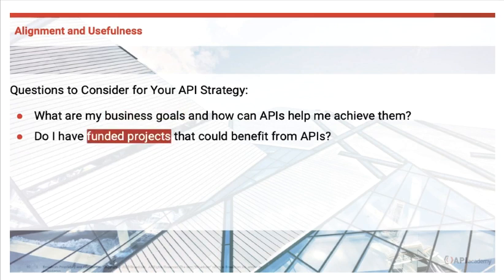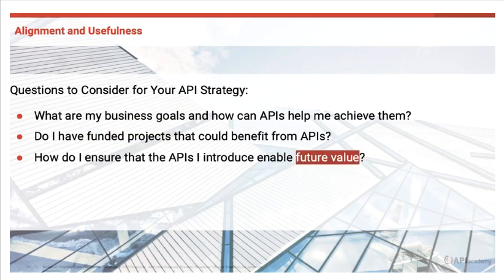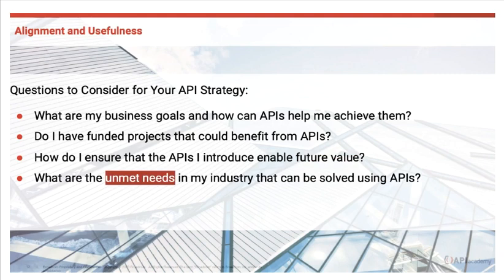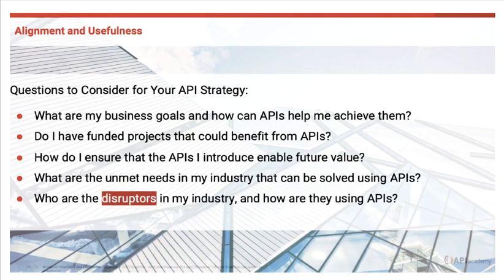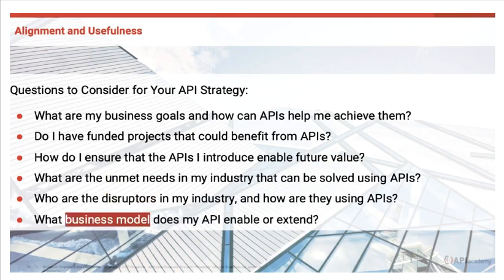Do I have funded projects that could benefit from APIs? How do I ensure that the APIs I introduce enable future value, both internally and for end users? What are the unmet needs in my industry that could be solved using APIs? Who are the disruptors in my industry, and how are they using APIs? What business model does my API enable or extend?